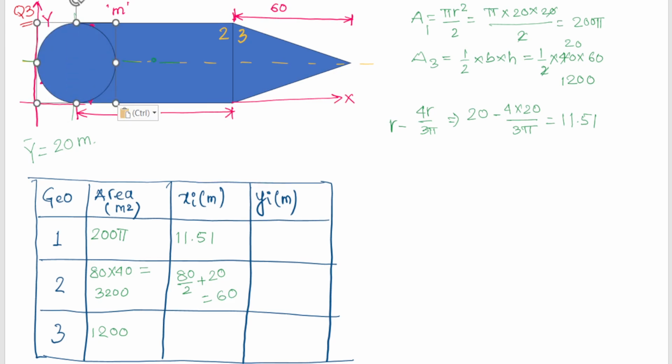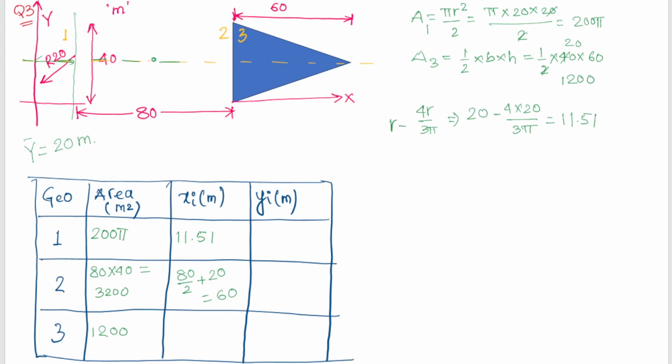Right? And then we need to take the third geometry and find the x bar of the third geometry. So let's focus on our third geometry only. We know that the centroid location is 1/3 the height, so x bar is 1/3 the height or length. So 60 in x, 1/3 of that is 20.